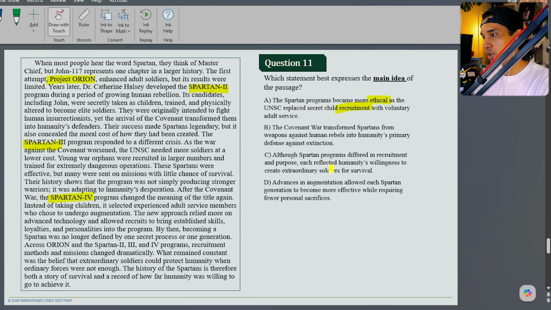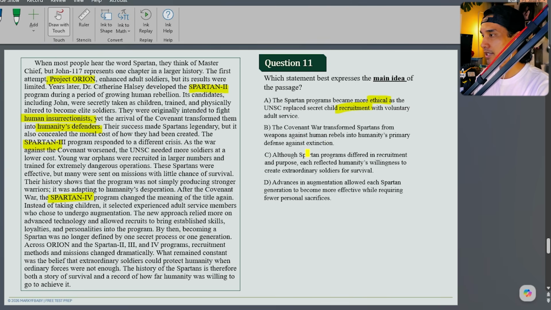That's kind of true. Again, it's narrow because this focuses on just the Spartan 2s, right? It says here that they were made to fight human insurrectionists, and then the Covenant came, and then now they're humanity's defenders. Well, that's not the main idea. That's just one part. It's just way too narrow.